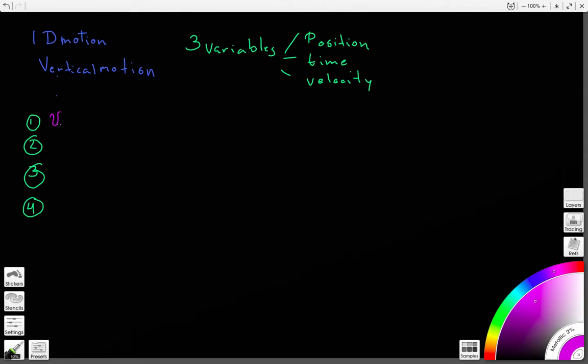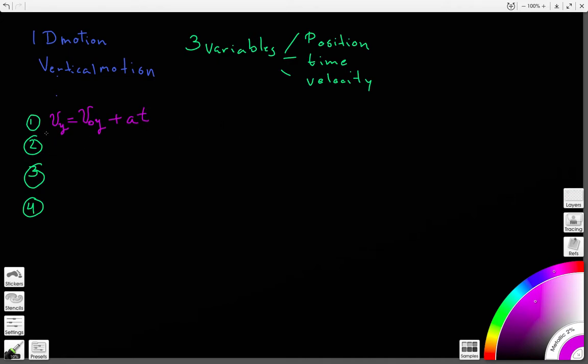Velocity in the y direction is equal to my initial velocity, v0 in the y direction, plus acceleration times time. That is my first equation.